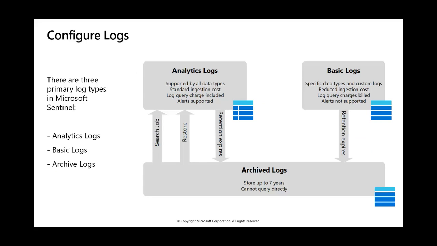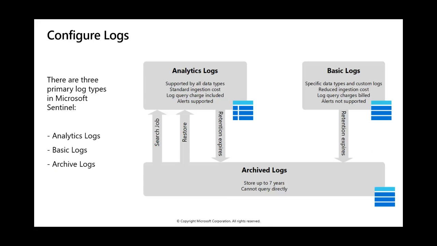And for archive logs, archiving lets us keep older and less used data in our workspace at a reduced cost, of course. Each workspace has a default retention policy that is applied to all tables. We can set a different retention policy on individual tables.